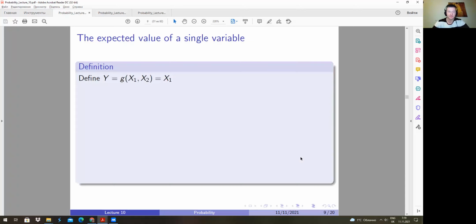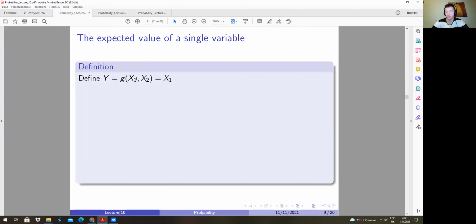So let's move on. The expected value of a single variable. In the case of joint densities, that's a particular case of the previous material. So look, we can define a function of random variables as just one variable.